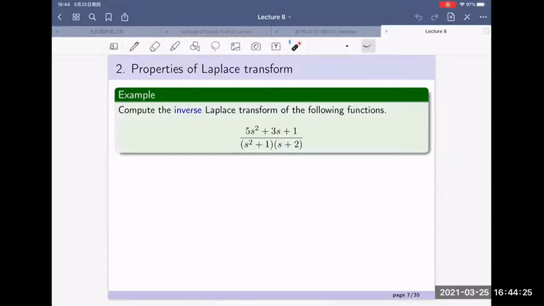The method is, if you are given a rational function. So this is a rational function. Rational function means a polynomial divided by a polynomial.